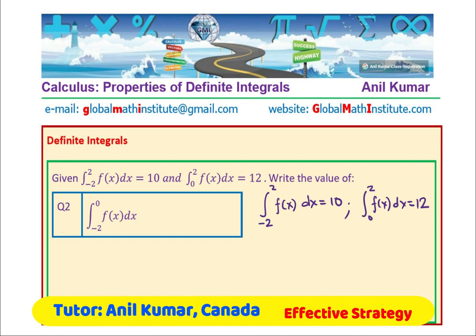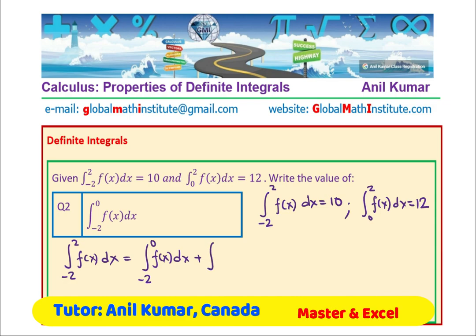Now, using the properties, we could always write that the integral from -2 to 2 for the function f of x dx is the sum of the integrals from -2 to 0 of f of x dx and from 0 to 2 of f of x dx, correct?